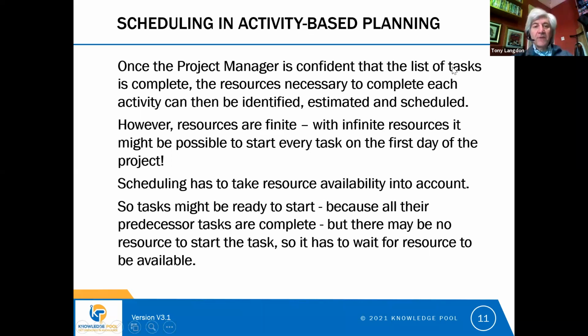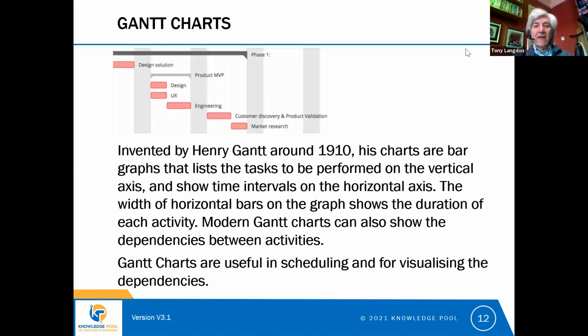So we're going to talk briefly about a concept called Gantt charts. And there's an image of a Gantt chart on the screen. They were invented in around 1910 by a chap called Henry Gantt.